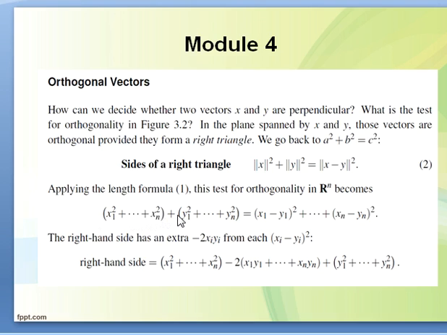Those many points would come. Similarly y's would come, but on the right hand side we'll get x minus y the whole square. Now this x square plus y square will be equal to x minus y the square if.